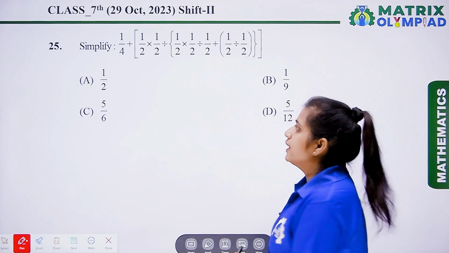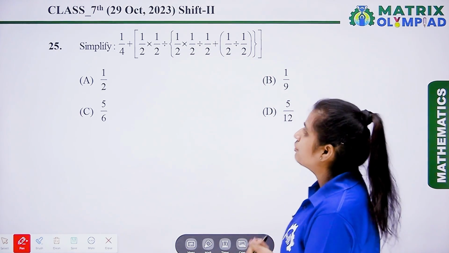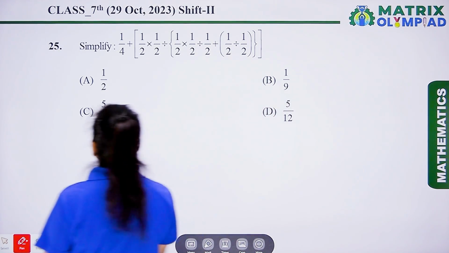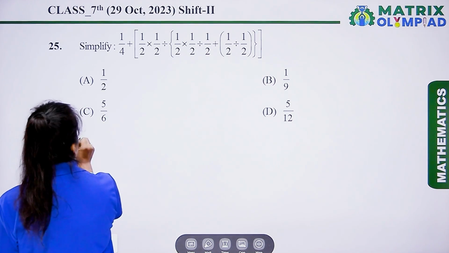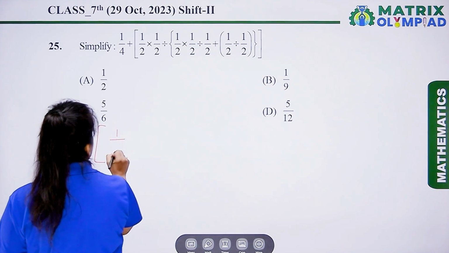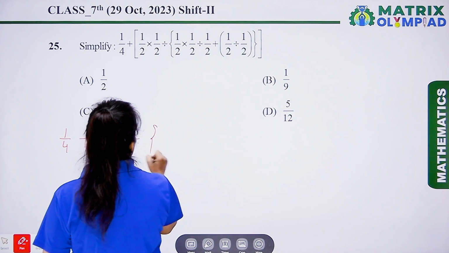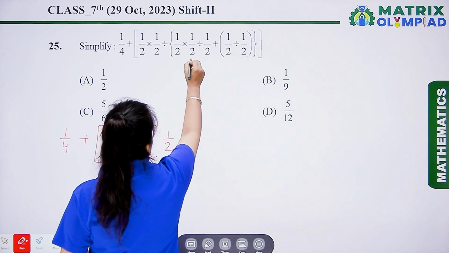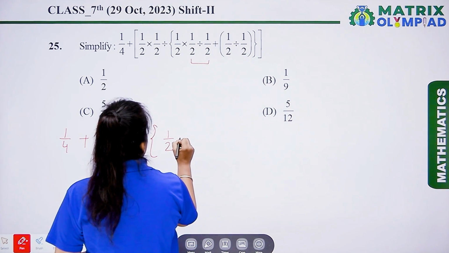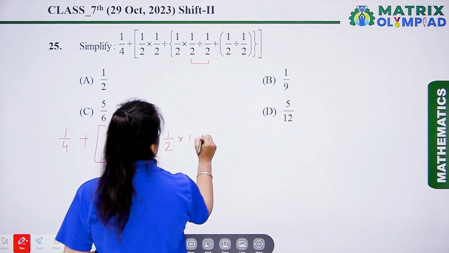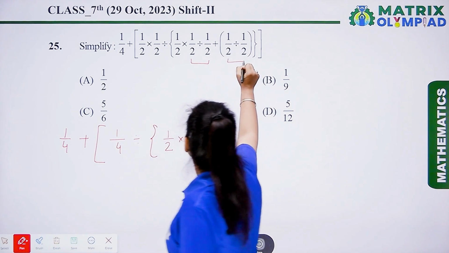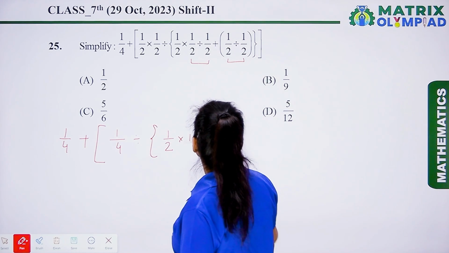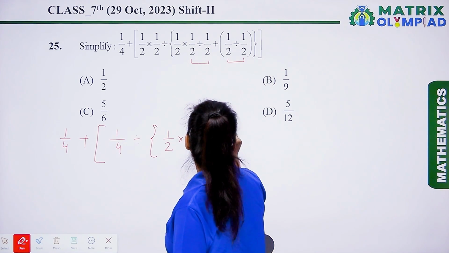Now the next question is to simplify. Let's simplify it and find out the correct answer. After dividing this, we get 1 plus, after dividing this, we also get 1 here.